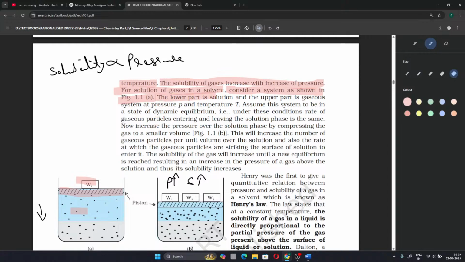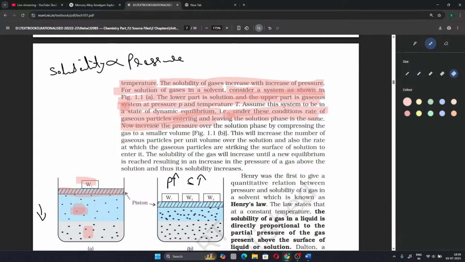The lower part is the solution and the upper part is the gas. At pressure P and temperature T, assume the system to be in a state of dynamic equilibrium. That is, under this condition, the rate of gaseous particles entering and leaving the solution phase is the same.